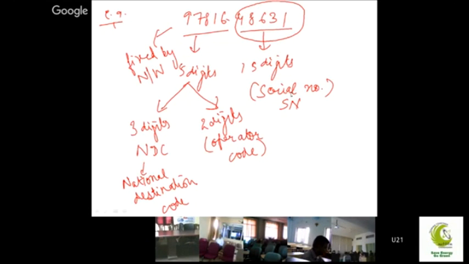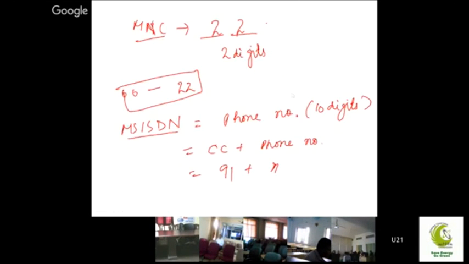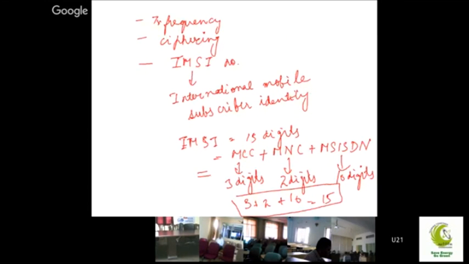So this was all about the SIM, plus this was the IMSI number. These are the features of the SIM. There is also one more feature of the SIM: it also stores the HLR location, the HLR database.